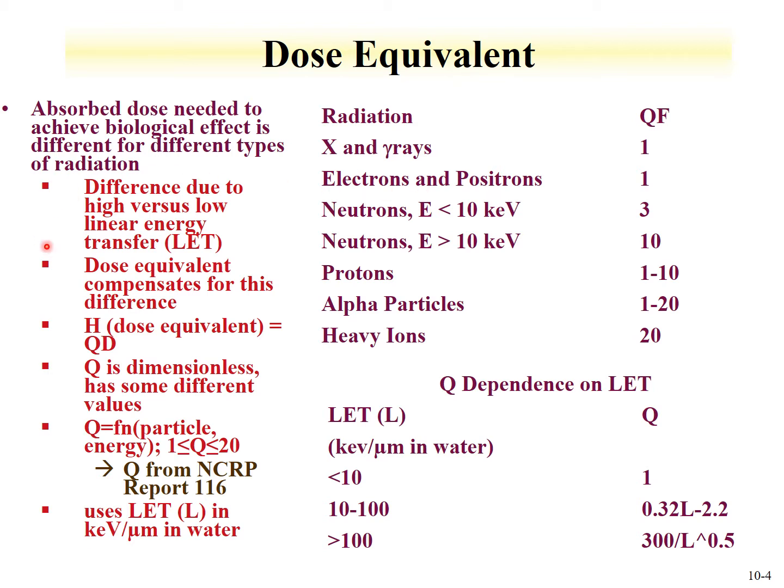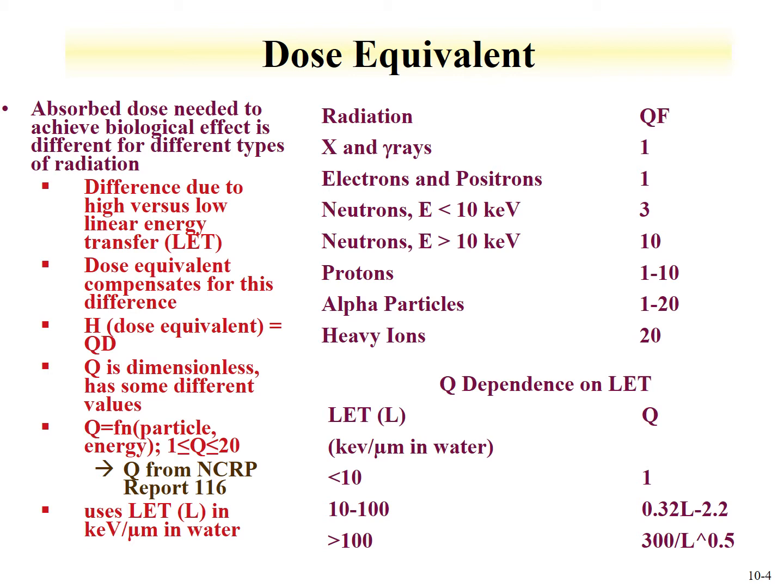The difference is really driven by the linear energy transfer, and we're going to call this dose equivalence. To try to compensate for this, the dose equivalence will be equal to the dose D times Q, and Q is some dimensionless value. There are a number of reports out there which define what this value should be. It's often a function of the particle and the energy. Q can vary from 1 to 20.